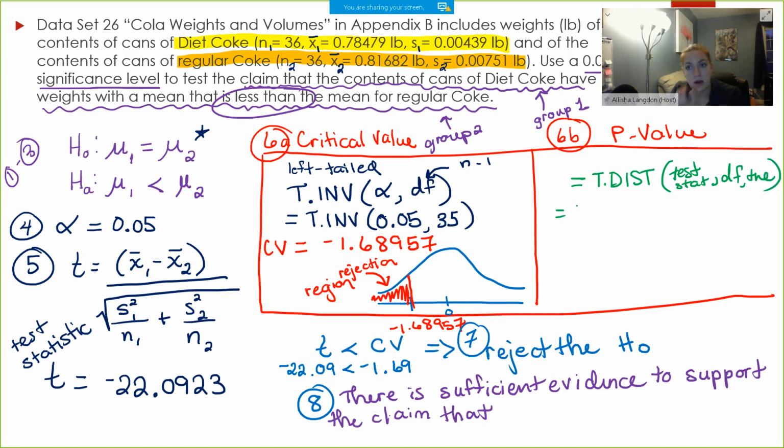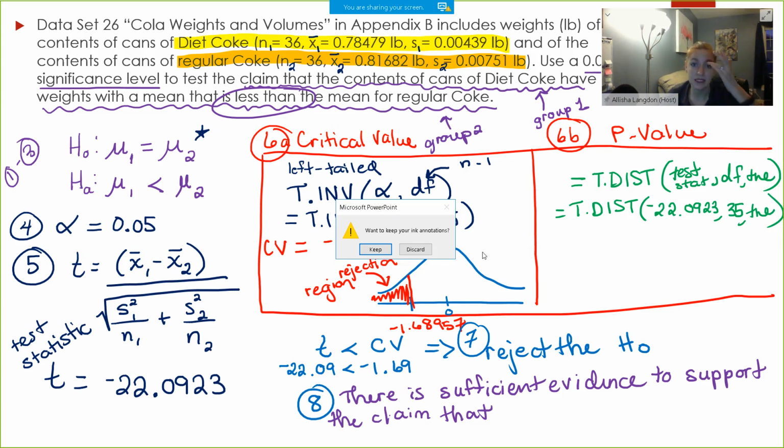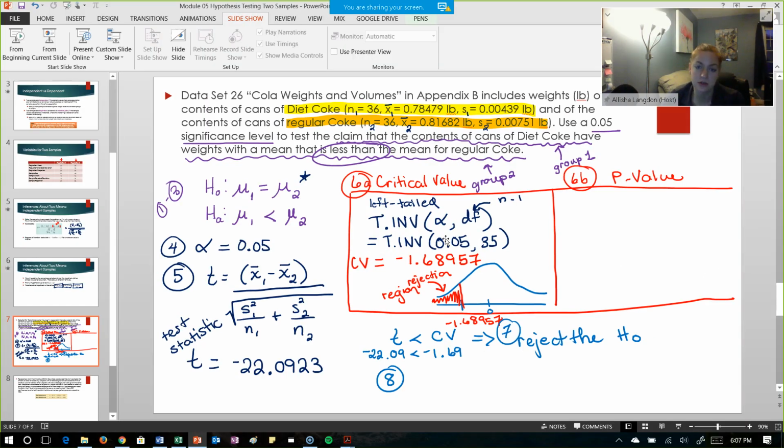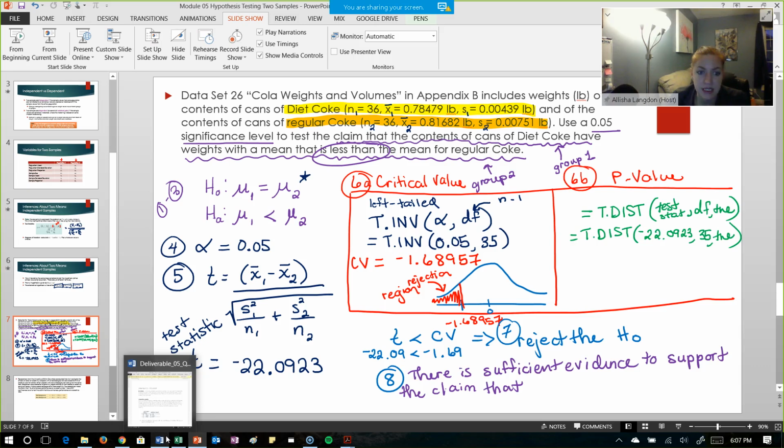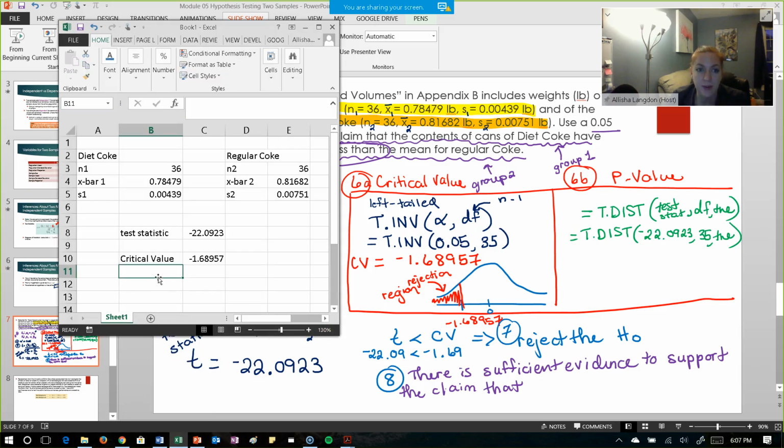Our test statistic is negative 22.0923. Degrees of freedom, we already said, was 35. And of course, true. That just tells you that it's cumulative and you keep on adding up, which for continuous variables, that's always true. Okay, so we're coming up with our p-value.